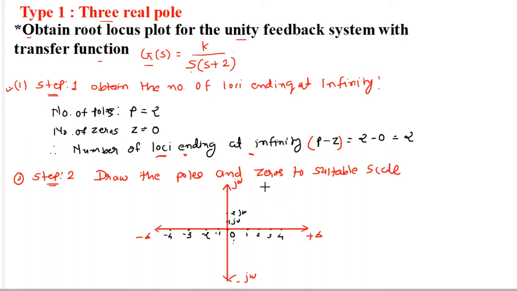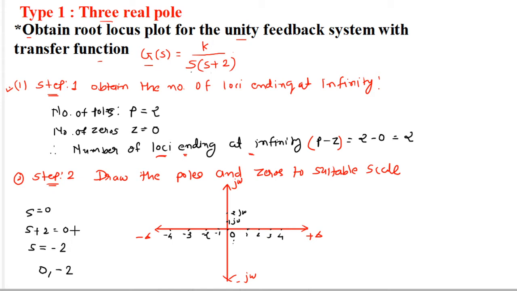Here the number of poles is 2. In the denominator we write s equal to 0 and s plus 2 equal to 0, so the two poles are 0 and minus 2.